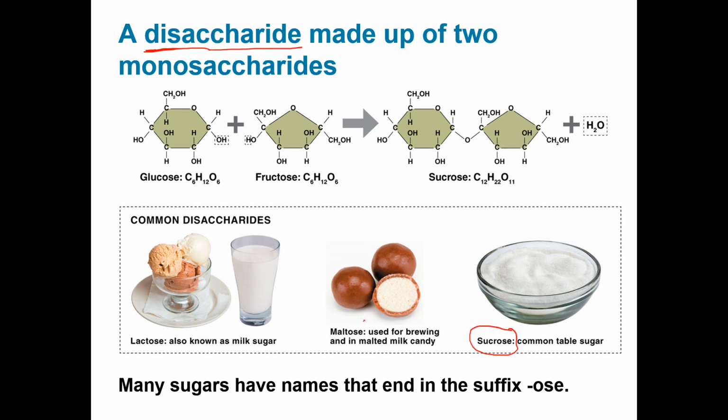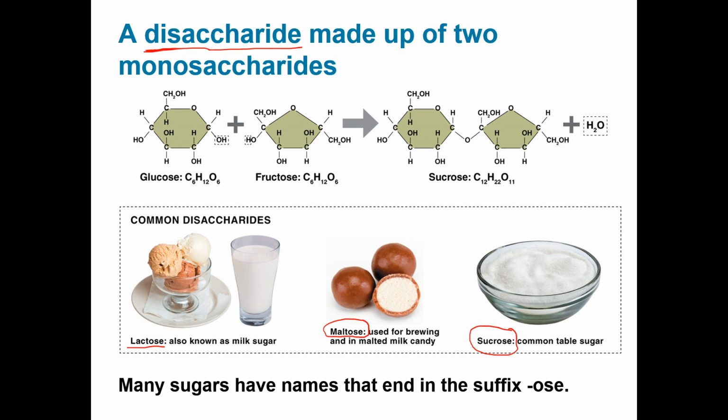Maltose, sugar found in beer and in malt products. Beyond that, if you ever have a shake from, I don't know, Chick-fil-A, you put malt powder in there. That makes a malt. That's maltose sugar. Lactose, the sugar that's present in dairy products. These are some examples of disaccharides.